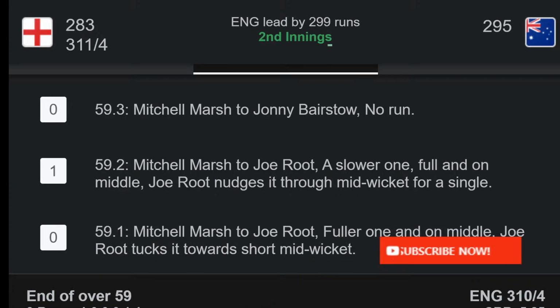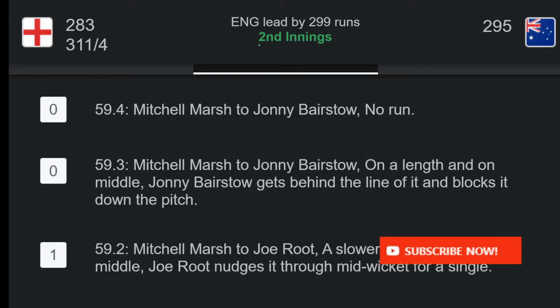Mitchell Marsh to Jonny Bairstow, no run.